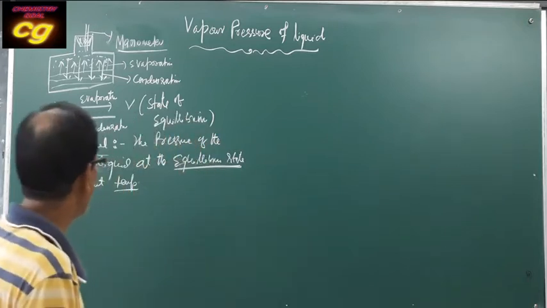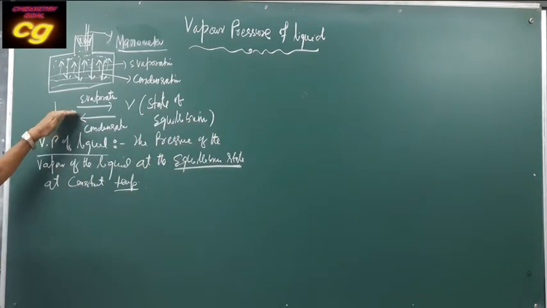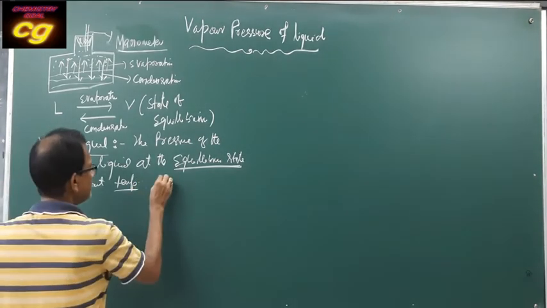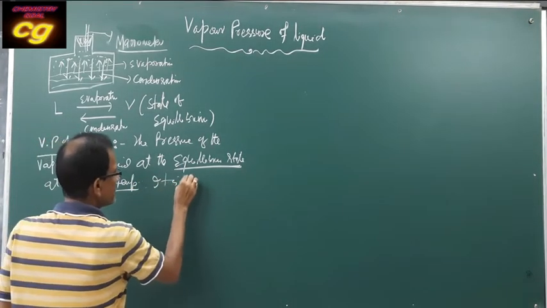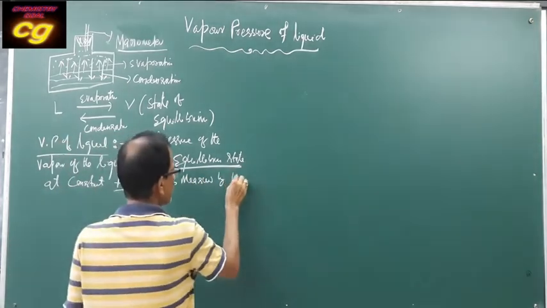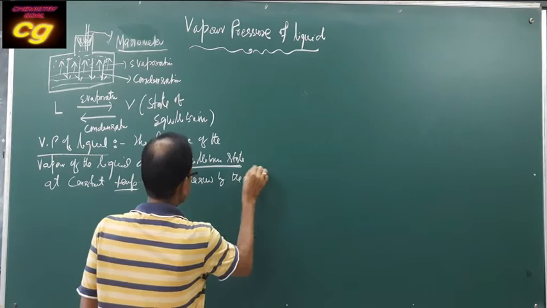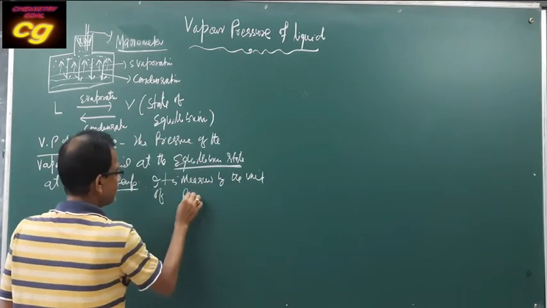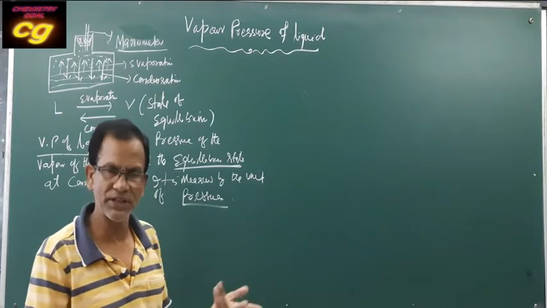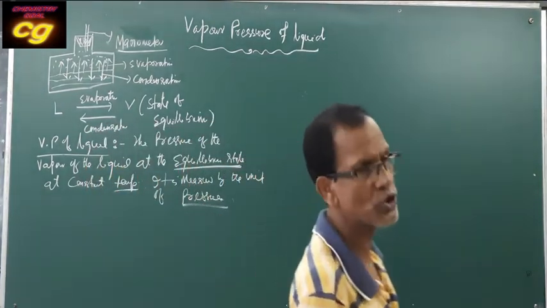So what are the units of vapor pressure? Vapor pressure of a liquid is measured by the unit of pressure. We know units of pressure are atm, millimeter of mercury, torr, bar.